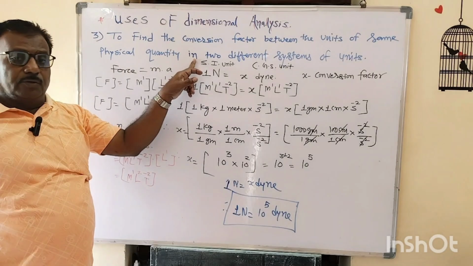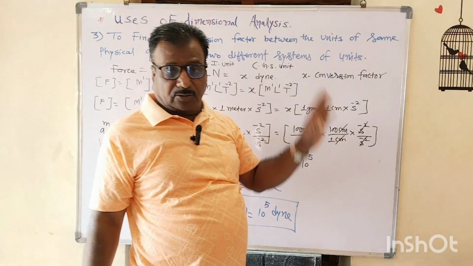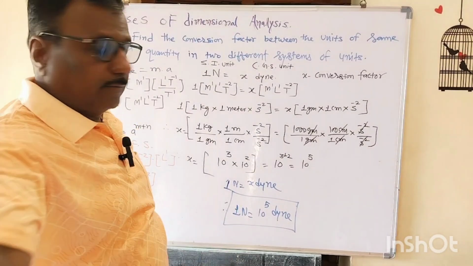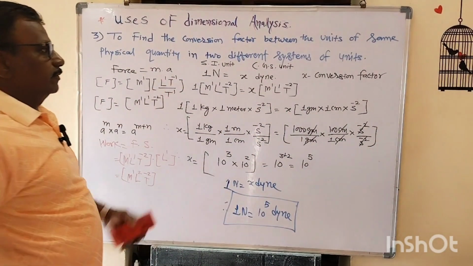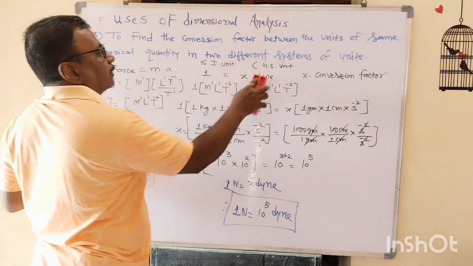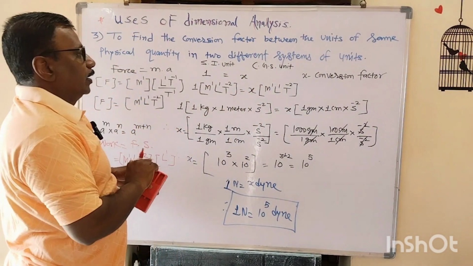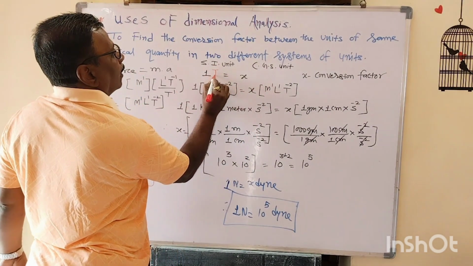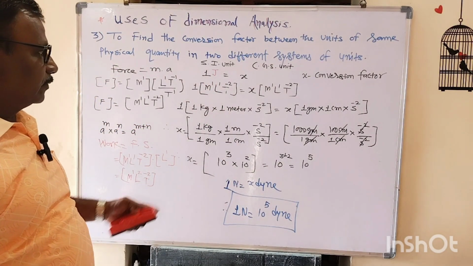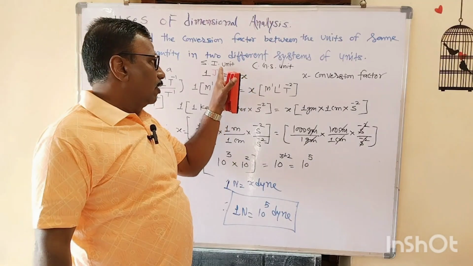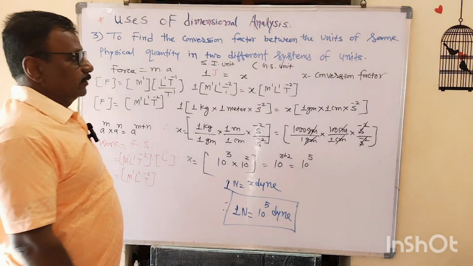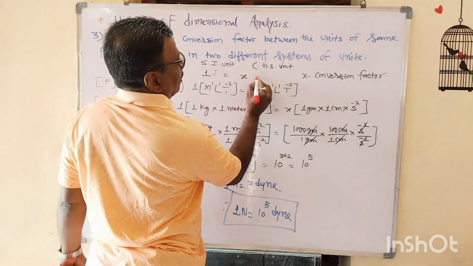Then we take its two units, SI unit and CGS unit. We know that the SI unit of work is joule and the CGS unit of work is erg.